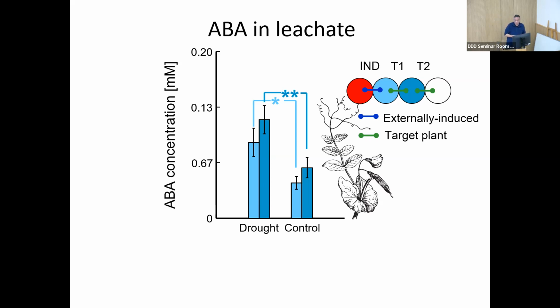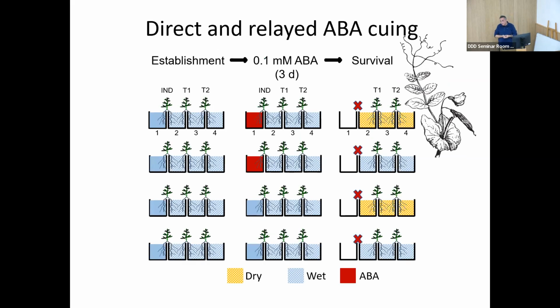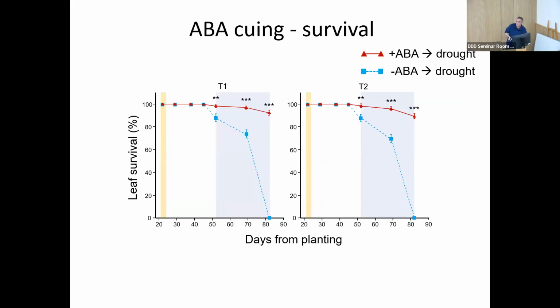So ABA is elevated. This is not proving that this is the vector, but this is just to support that ABA is involved. Right? We ran this very same experiment, the adaptive experiments that you have seen before with buffalo grass on peas, but this time not using drought, but using elevated concentration of ABA for the first stages of the induction here in red, and you get very, very similar results.